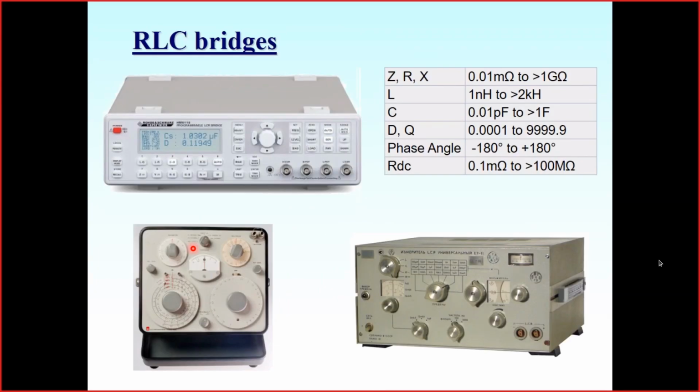Here is an example of modern bridges which are used to measure the parameters of discrete electronic components with extremely high accuracy. They are very accurate, and nowadays mainly such all-purpose bridges are manufactured. Nobody cares now about bridges which measure only resistances or only capacitance and so on.